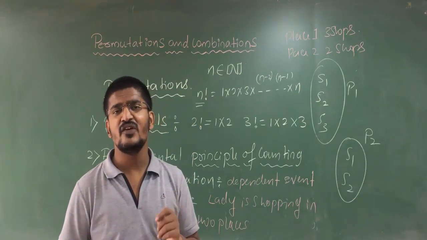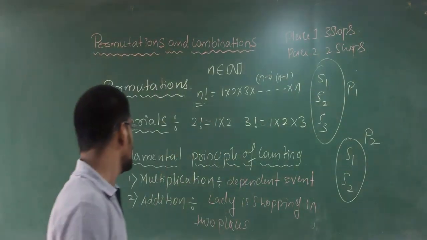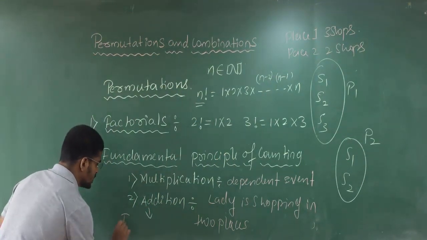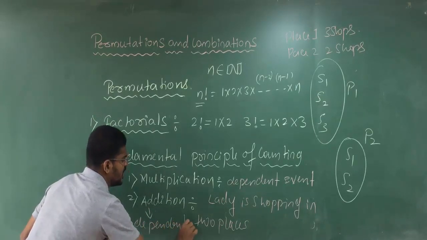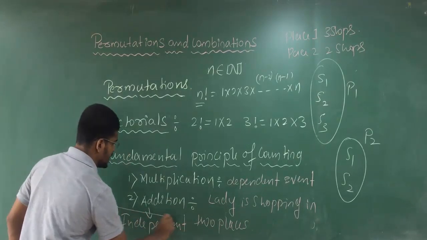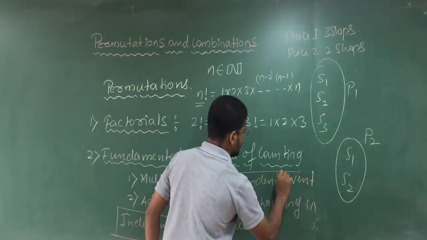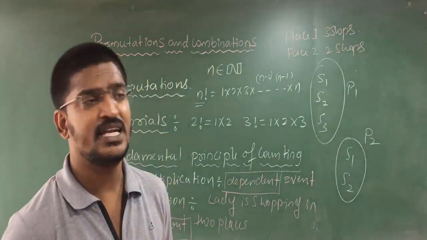So here the event is independent. In addition, the event is independent. In the multiplication, the event will be dependent.